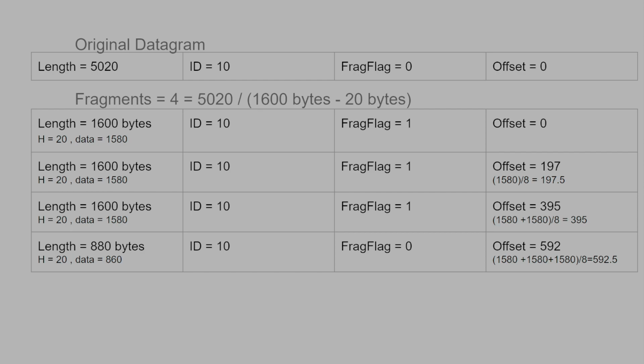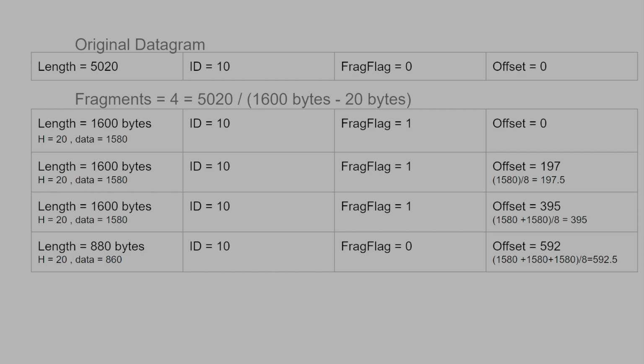So moving to the offset section, the offset represents the starting position of the fragment's data in units of 8-byte blocks. The first fragment has an offset of 0 because the data is the beginning of the original datagram, so there's no preceding data.